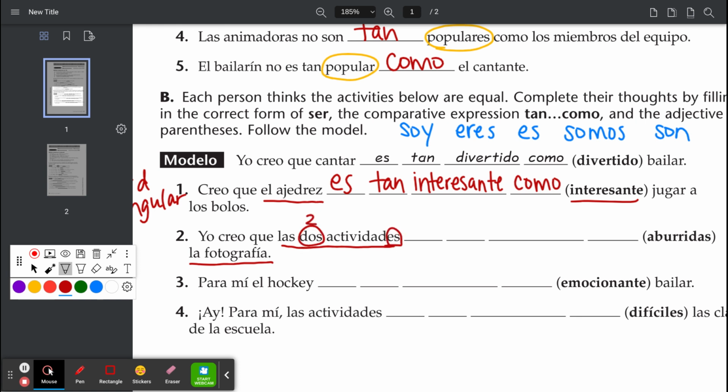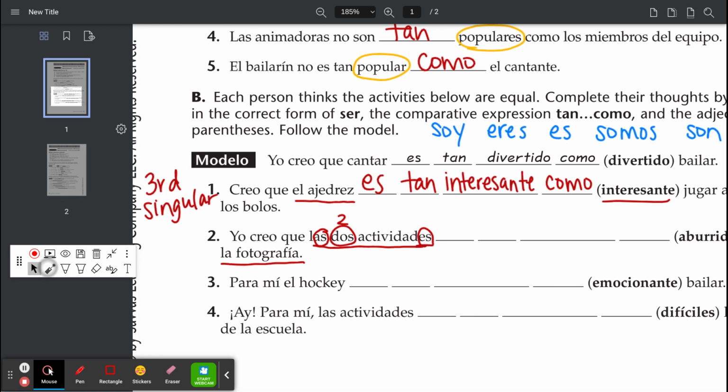Actividades ends in es. Our article is las. So we know it's plural and we know it's feminine. So this is going to be son, because somos is we are. Son is they are or you all are. So las dos actividades would be considered they. So we are going to mark down that this is third person plural.